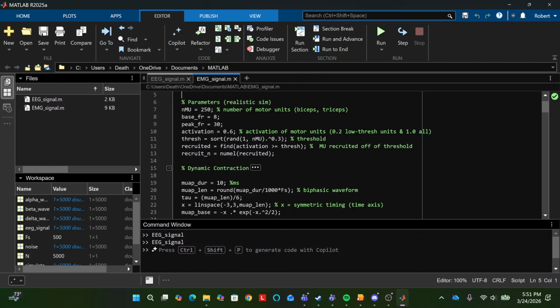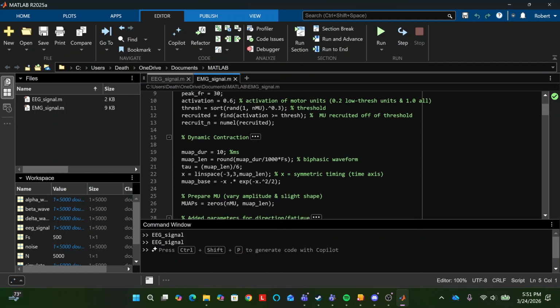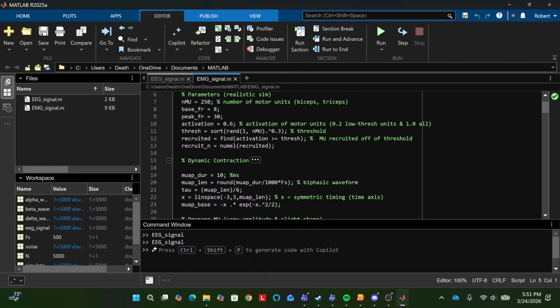And then we have our base frequency, we have a peak frequency, we have an activation, which is basically a threshold, if you will, or a percent that is used to activate the motor units. And we can see right here, 0.2 is low threshold units, and 100% is all, obviously. So we're using 60% activation.